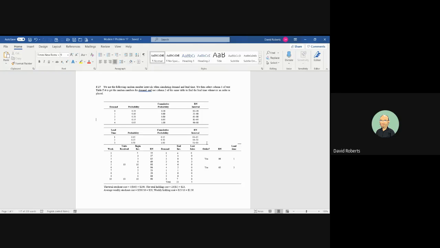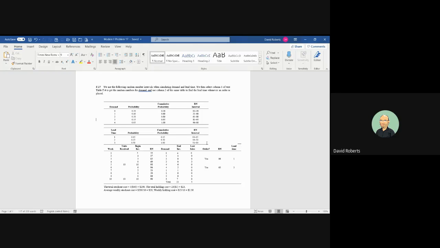The first thing you need to do is create a cumulative probability table for both the demand and the lead time. The demand varies between 0 units and 4. There's a 20% probability of no demand, so any random number between 1 and 20 would be 0 units demanded.